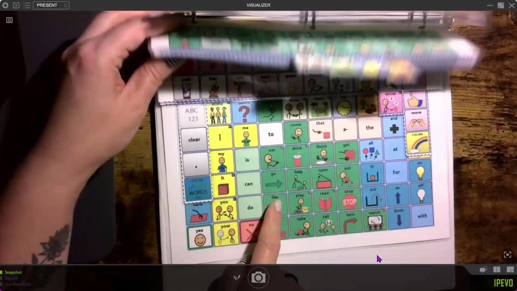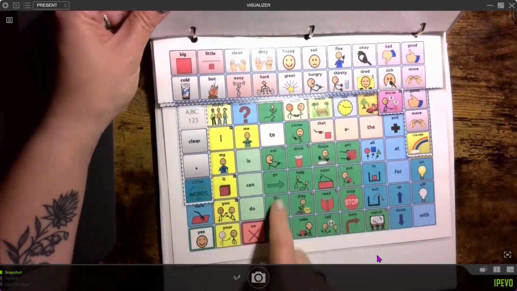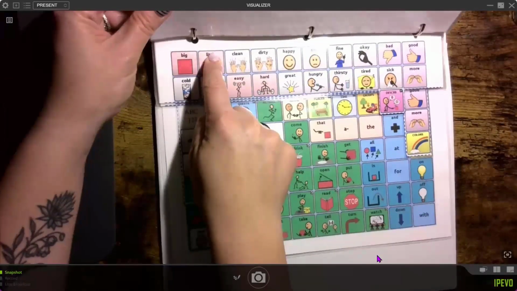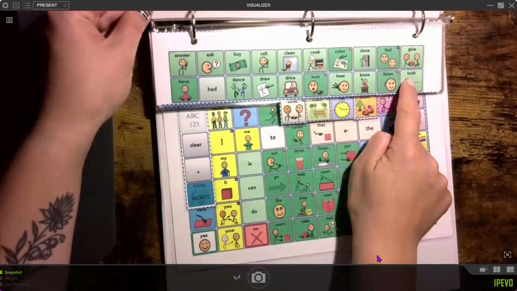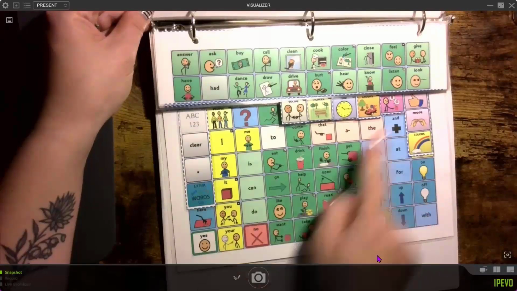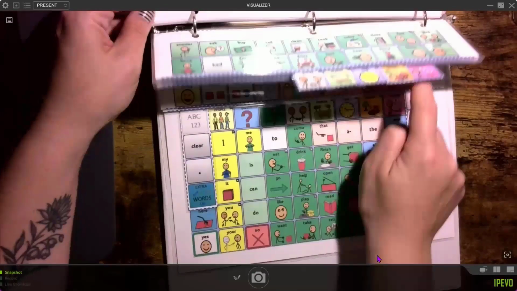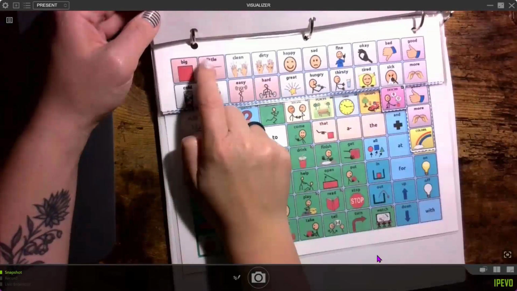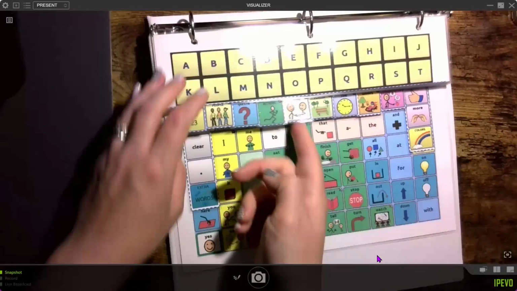You like big or you like little? Look, there's another animal. Look at that animal. That animal is little. Little animal. Okay, so you get the idea.